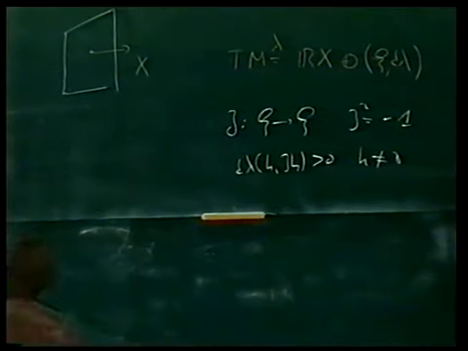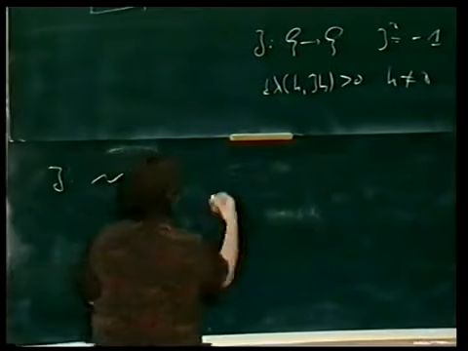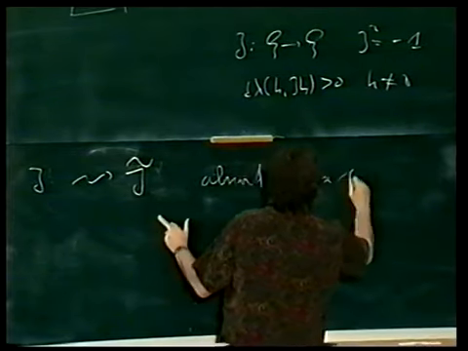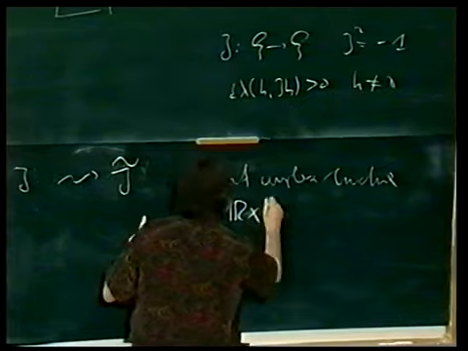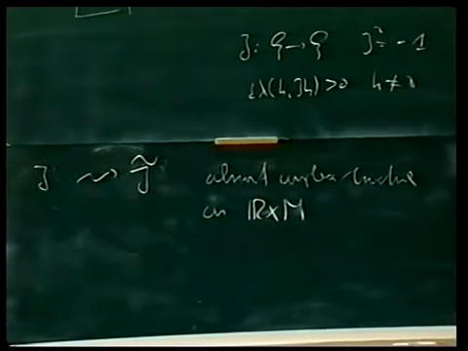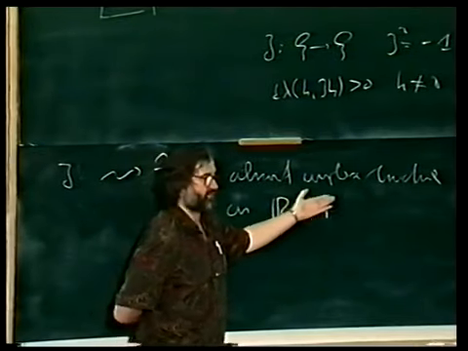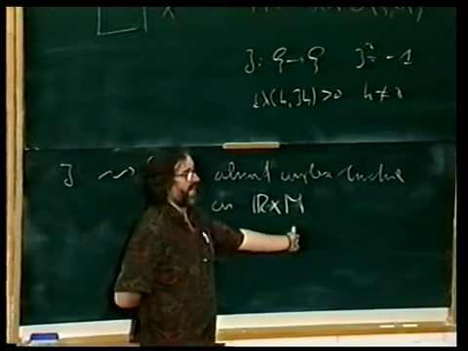So we extend J to a J twiddle, which is an almost complex structure on R cross the 3-manifold. And now here, of course, we have enough distinguished vectors. Here we have the 1 vector in the tangent space, and here we have the x.